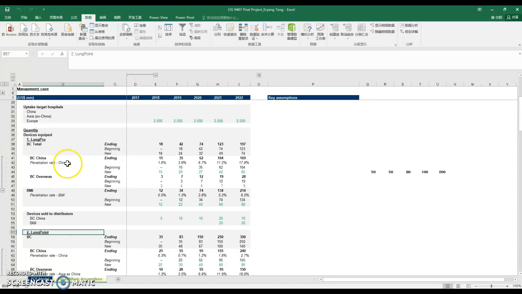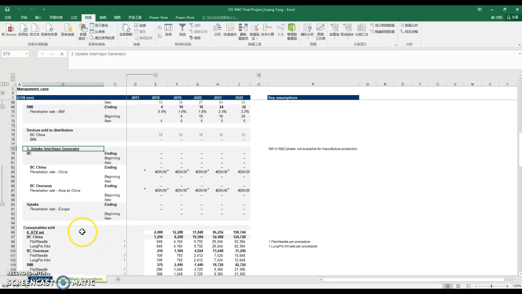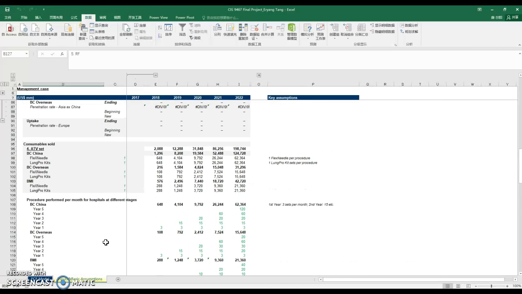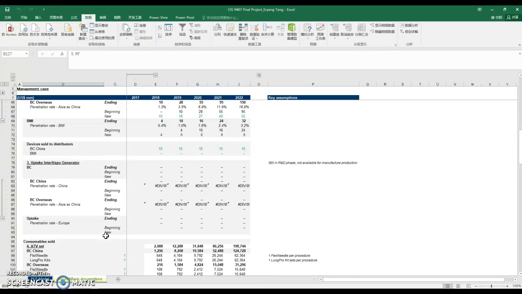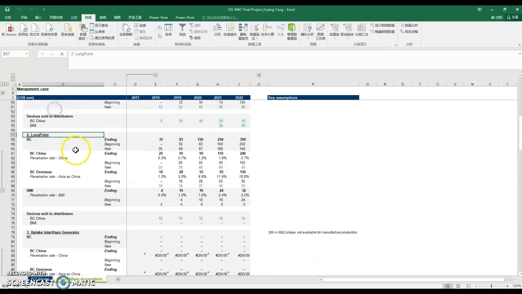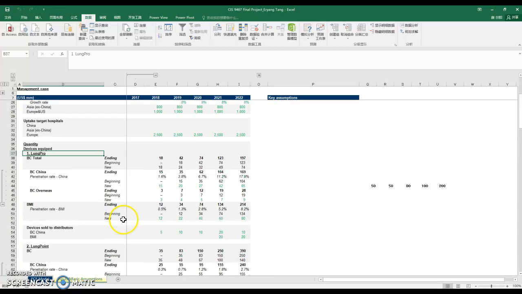Along with the two devices, their consumables, say the intervapor generator here, ATV SAD, are all sold along with the devices, which means for each one of the products, say LungPro or LungPoint, there's some fixed number of consumables sold as well.